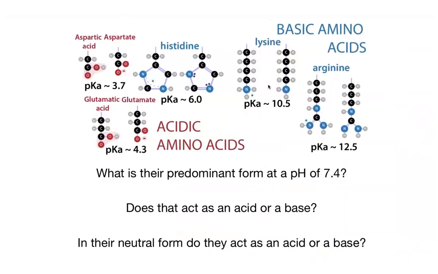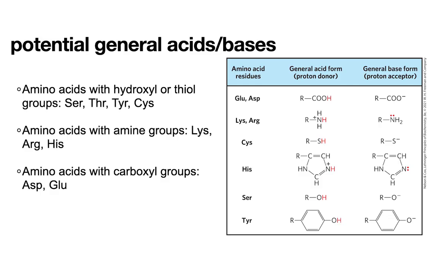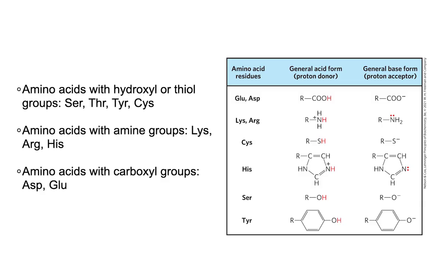The main ionizable ones we talk about are going to be histidine, lysine, arginine, aspartic acid or aspartate, and glutamic acid or glutamate. But tyrosine and cysteine can also ionize, so you'll find pKr values for them as well. And I'm going to want you to do the same sorts of things for those.